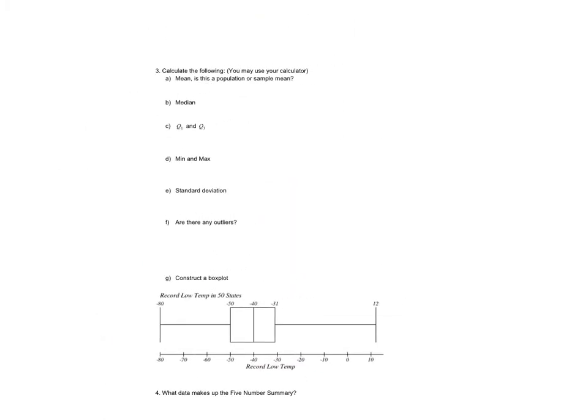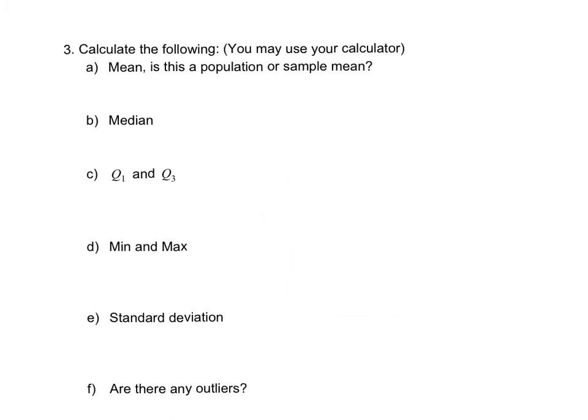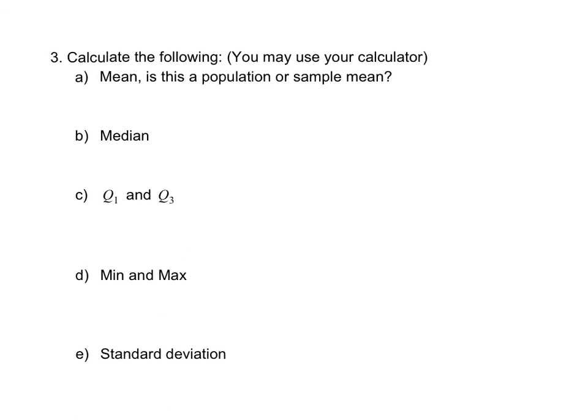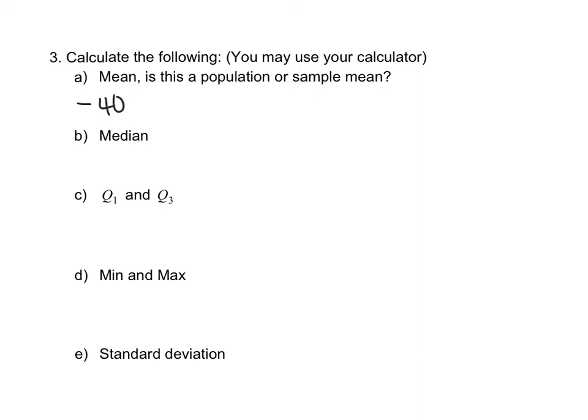So next we're going to calculate some information for our record low temps. This is something you're going to use your calculator for. You don't have to do it by hand. So the first thing you want is the mean. My average record low was -40.32, and then I do need units, degrees Fahrenheit. And then it asks, is this a population or sample mean?